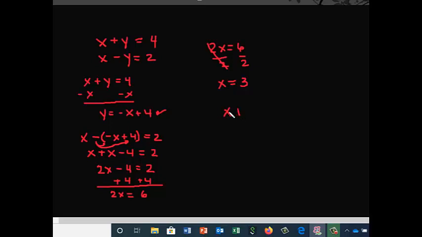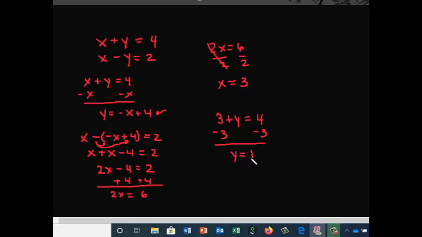We want to solve for y. So let's go back here. And now we will say 3 plus y is equal to 4, right? Now we'll solve for y. And so y is going to equal 1.